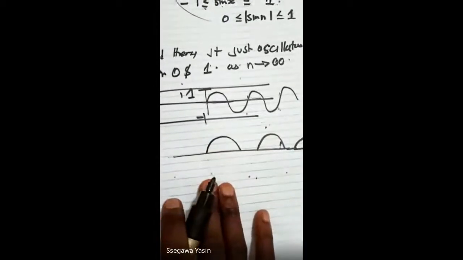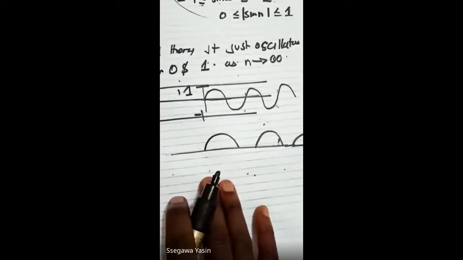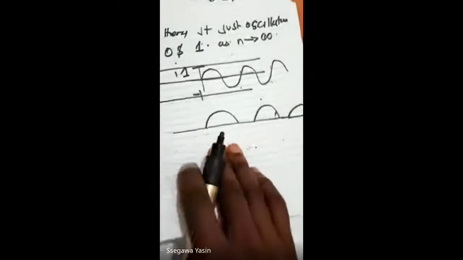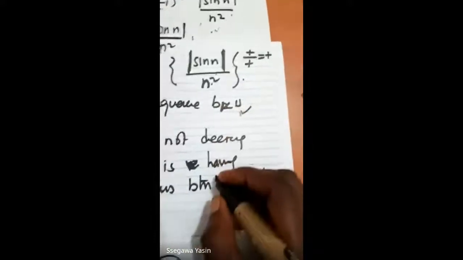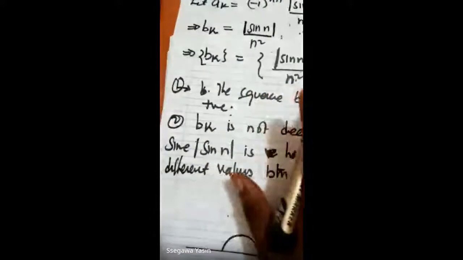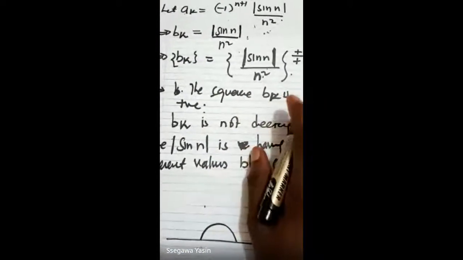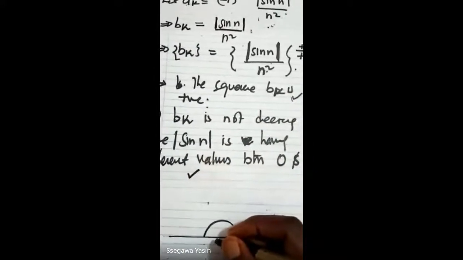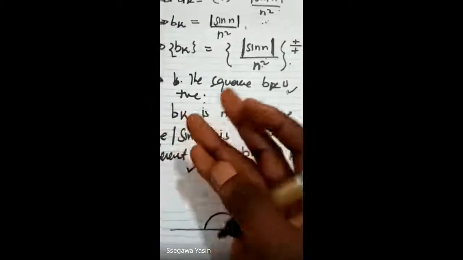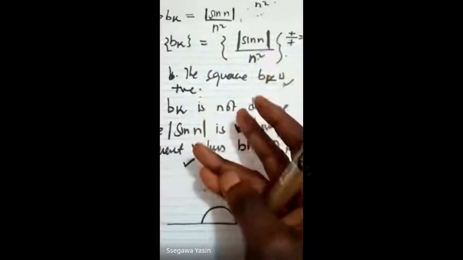And therefore, we cannot apply, because you see, it has failed. This one has passed. Being positive, it has passed. So it is positive, we cannot argue with it. But the second one, it has failed, because they said BK should be positive and decreasing.